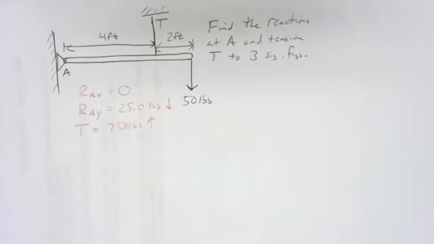All right, so let's take a look at this one. Now, it's always good to make sure when you start a problem that you can actually solve it. And by that, I mean that you aren't missing too many pieces. We always have to make sure there's correspondence between the number of equations that we have and the number of unknowns that we've got. Now, in this problem, we've got 3 unknowns.